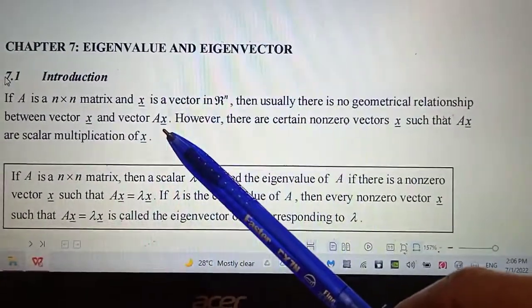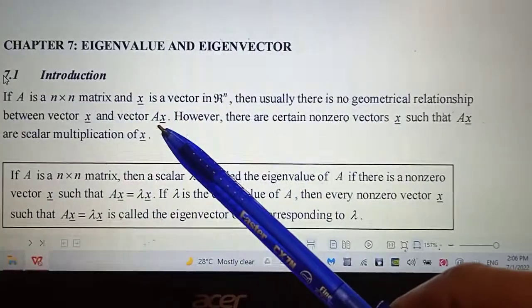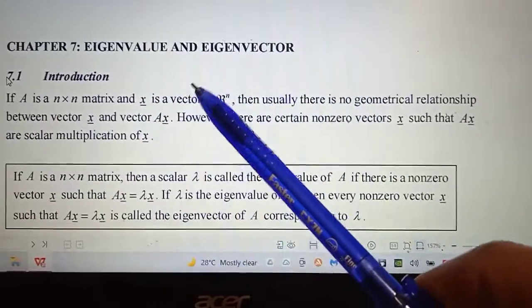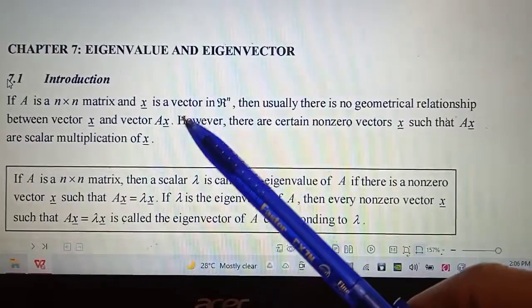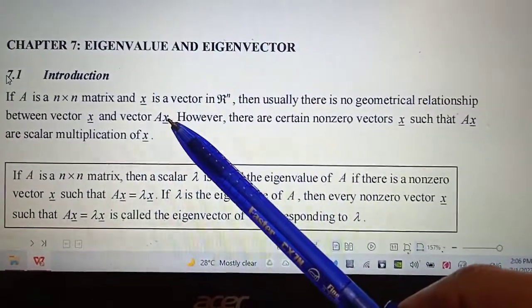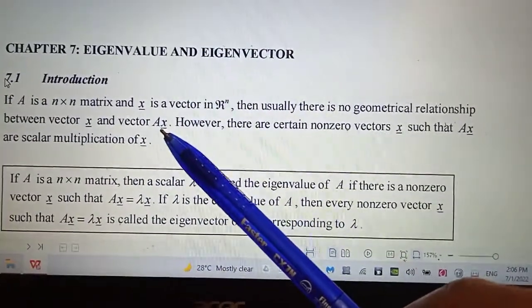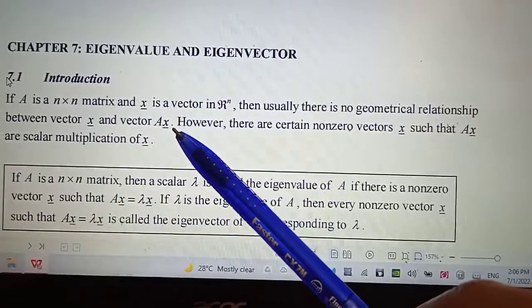We have no idea, so that's why we need to find eigenvalue and respective eigenvector to show the direction or the magnitude of a combination or a product of matrix and vectors.